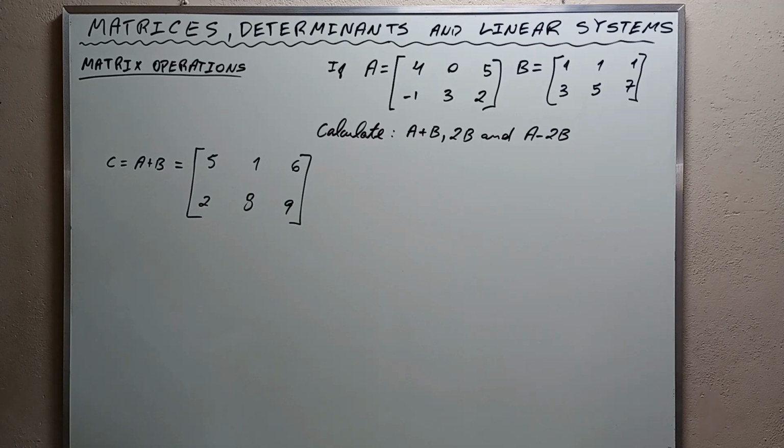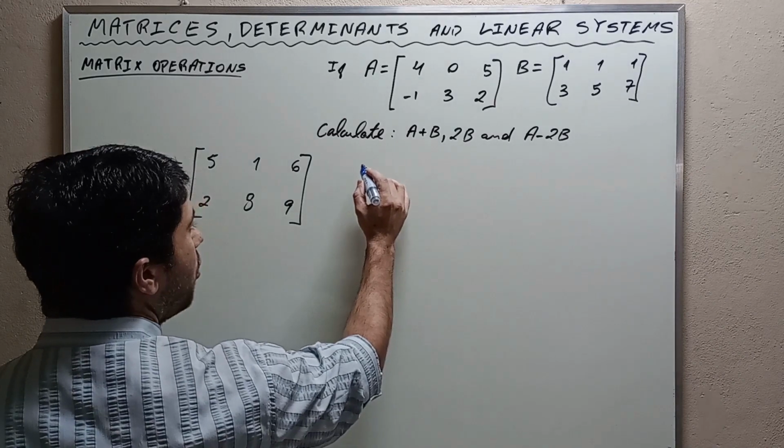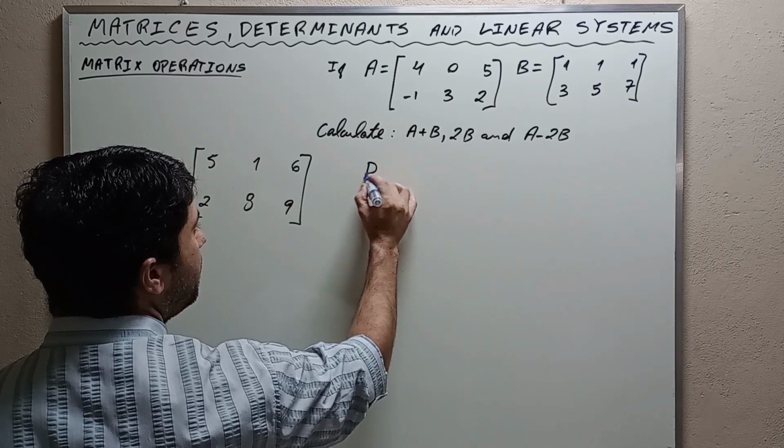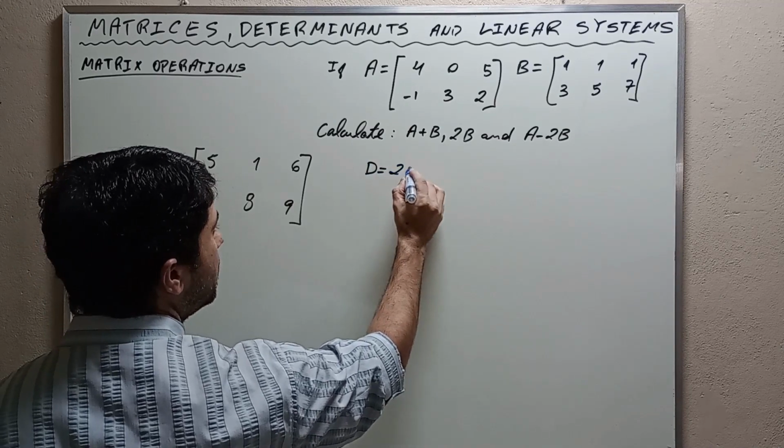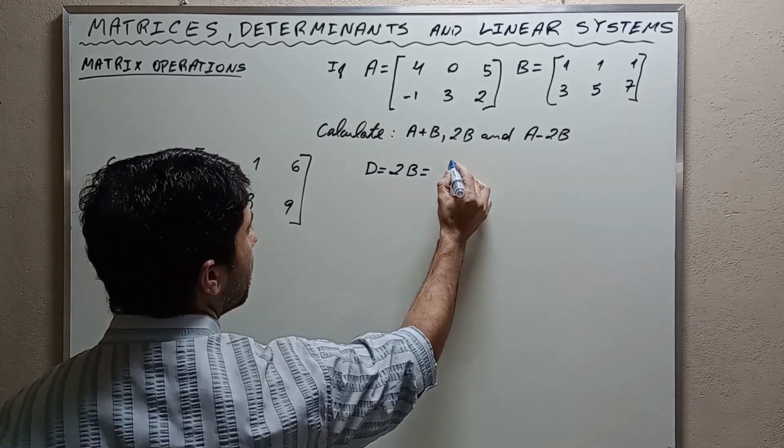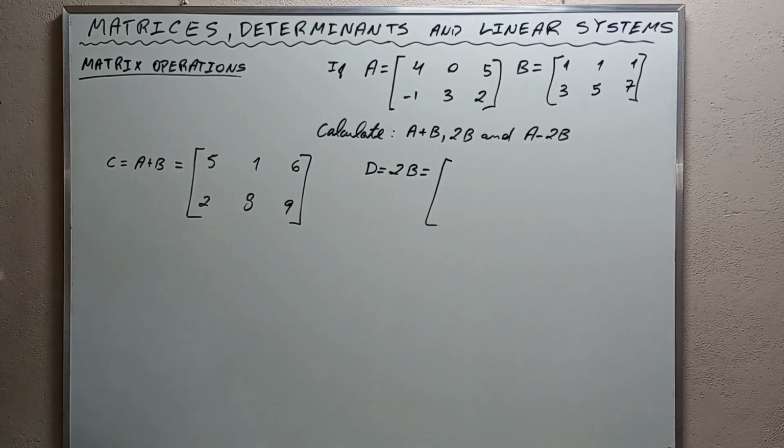Now let's compute 2 times B. Let's call it matrix D. D is equal to 2 times B. How do we do it?